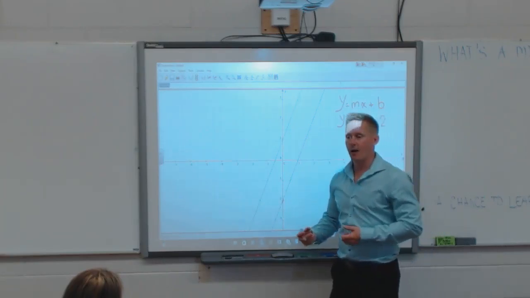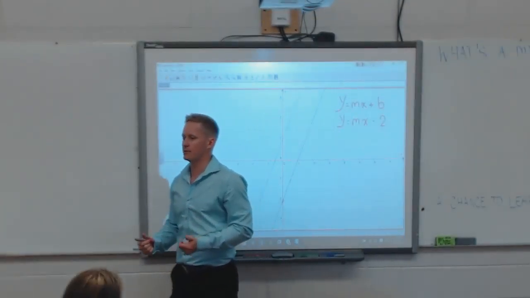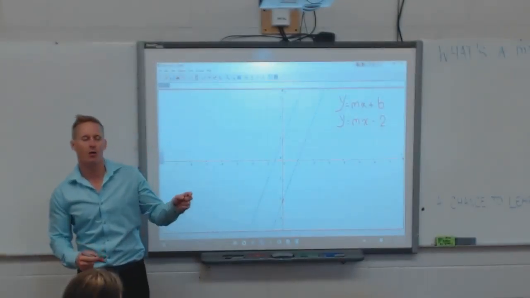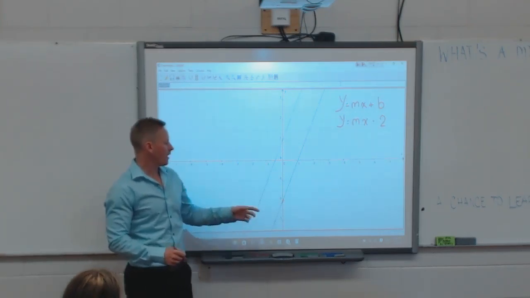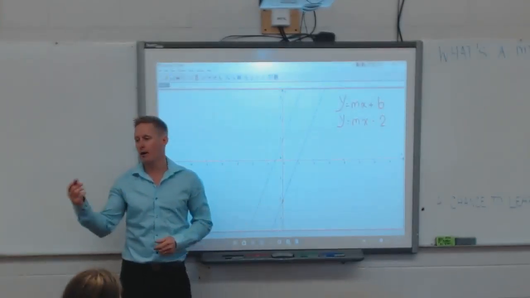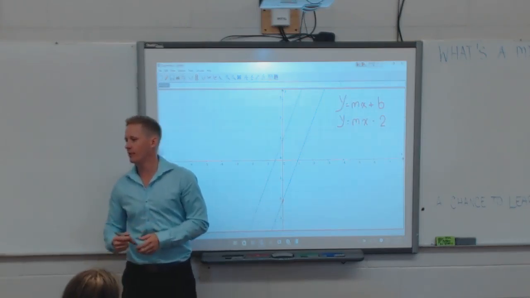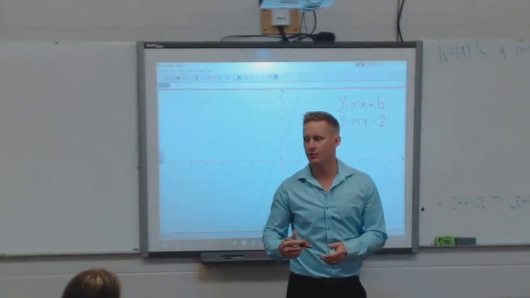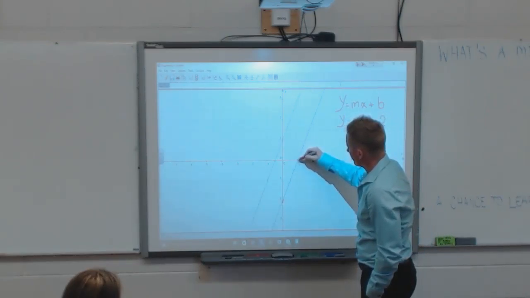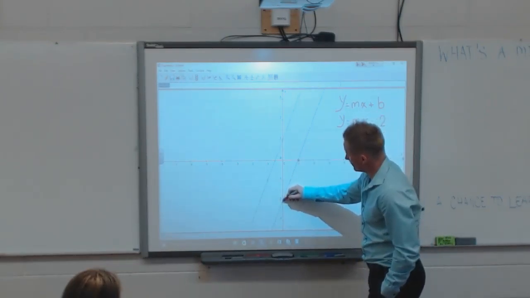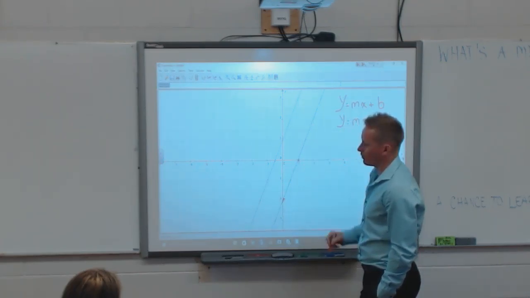I can find another point that it passes through exactly and count how I get to that point, okay? Or I could just pick a point and then do y2 minus y1 over x2 minus x1. That works as well. So I see that it also goes through this coordinate right here. So my first coordinate is 0 and -2, and I go to 1 and 0.